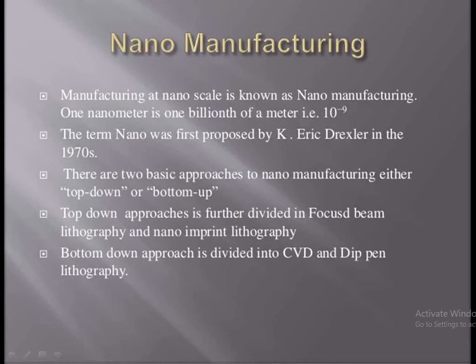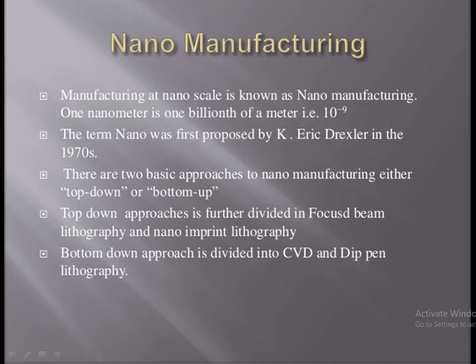The word itself indicates what is meant by nano manufacturing. Manufacturing at a nanoscale is known as nano manufacturing. You know 1 nanometer is 10 raised to minus 9, that is 1 billionth of a meter. This term nano was first proposed by Eric Drexler in the 1970s.